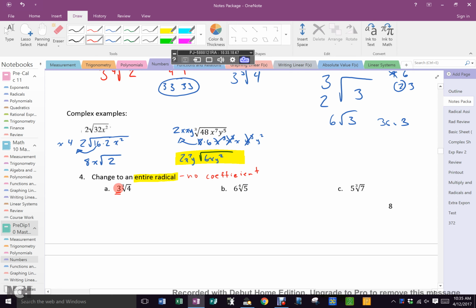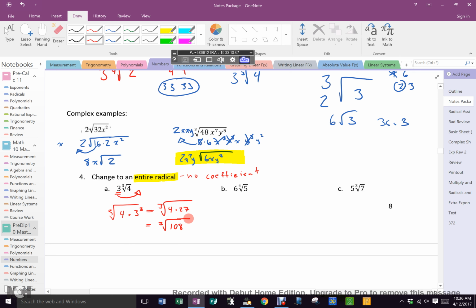If there's a 3 out there, and this is a cube root situation, how many 3's are under there? 3 of them. So this is the cube root of 4 times 3 cubed, which equals the cube root of 4 times 27, which equals the cube root of 108.